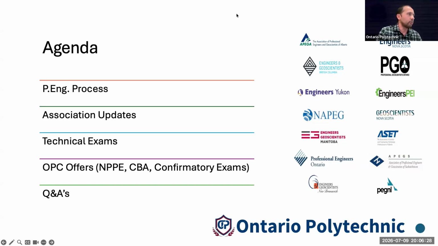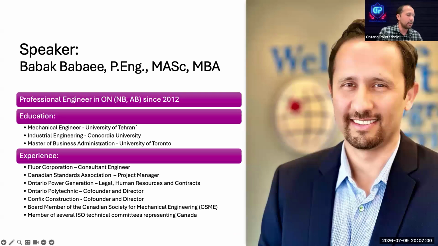I will go through the P.Eng. process very quickly, so you know what to expect from start to end, and some association updates, mainly from PEO, which has some updates for us since July 1st. The majority of applicants attending this session are from PEO, so I concentrate more on the PEO side. The main objective of this presentation is the technical exam, which I will go through in detail.